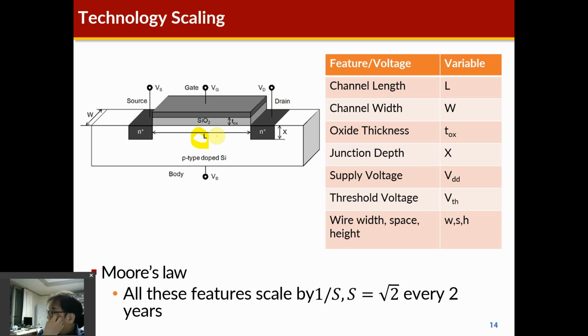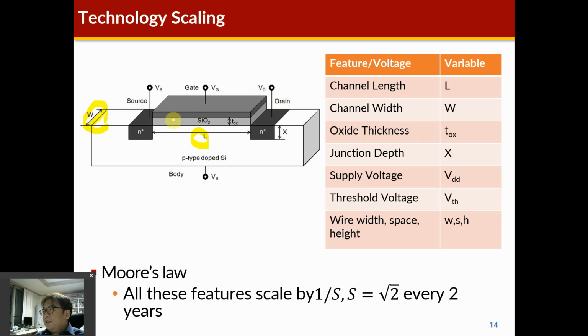For TSMC, the channel length is 7 nanometer, and for Intel, this channel length is 10 nanometer. This is the channel width. This channel width determines the strength of the hole or electric charging.